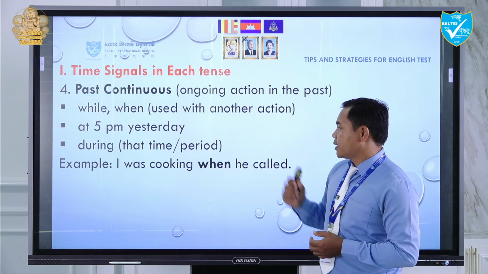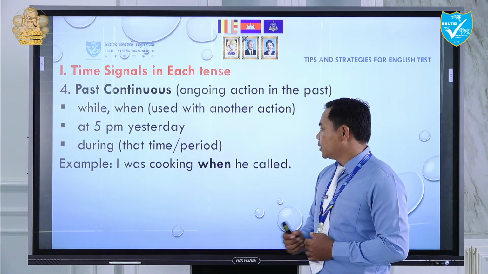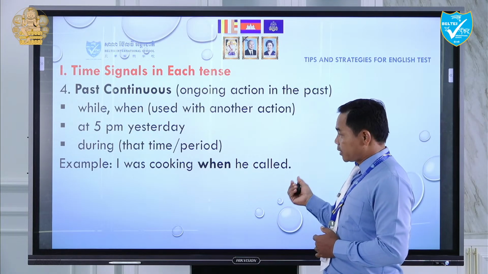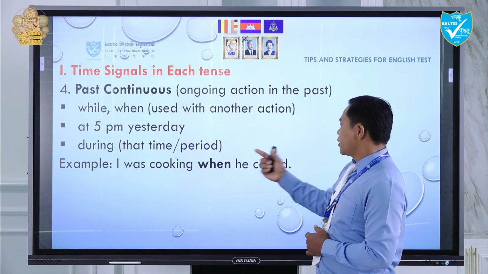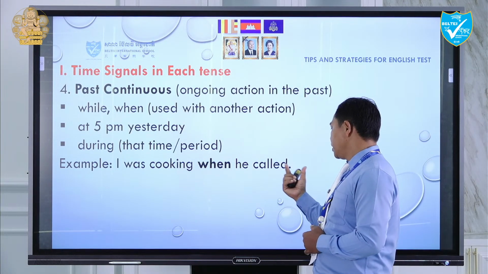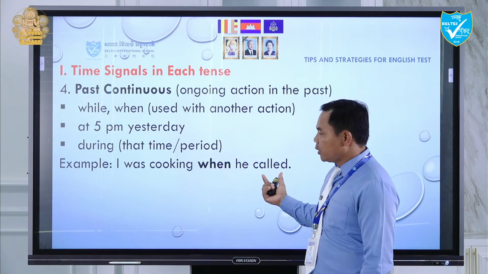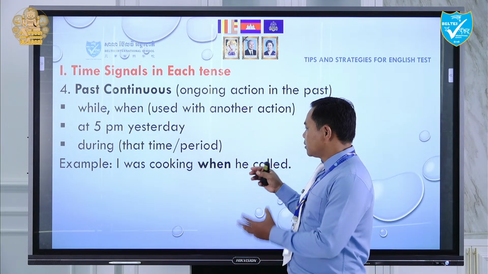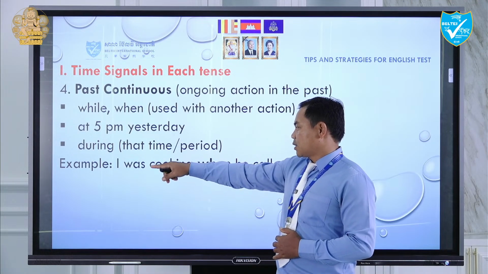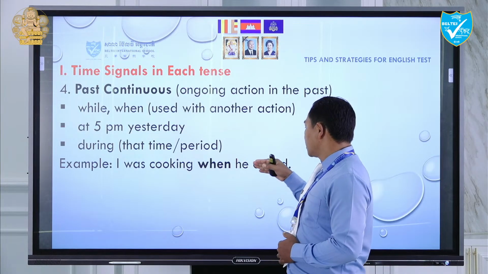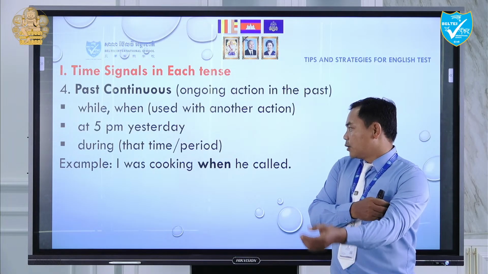At 5 p.m. yesterday, during that time or period. Example, I was cooking when he called. So when he called is another action, and I was cooking is another action. Here we use when before past simple in order to express the interrupting action. While I was cooking, he called, so he interrupted me, and I was not cooking anymore.